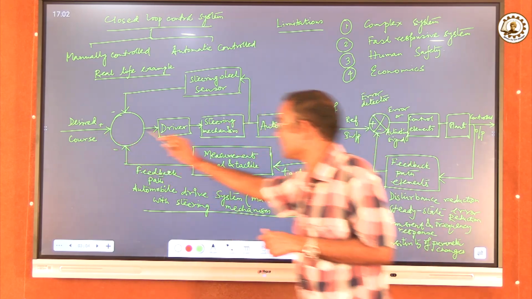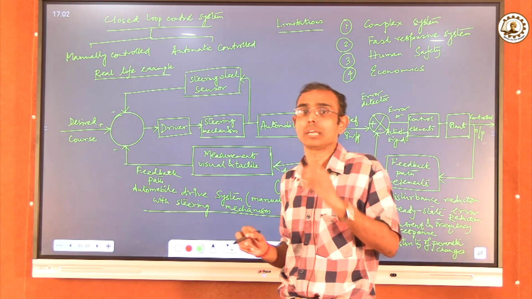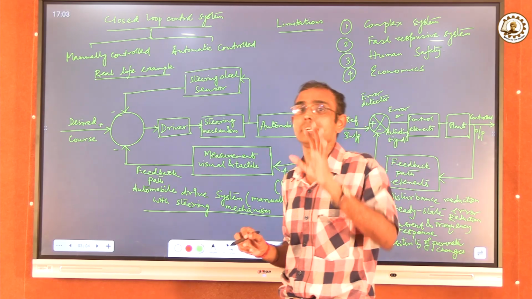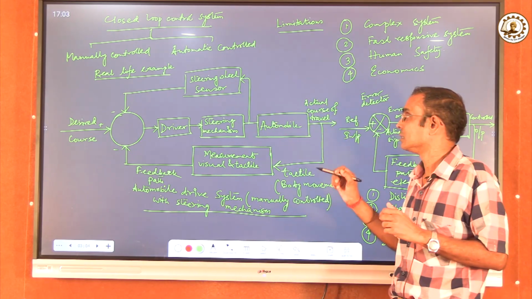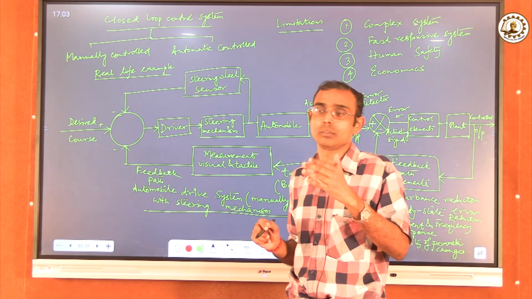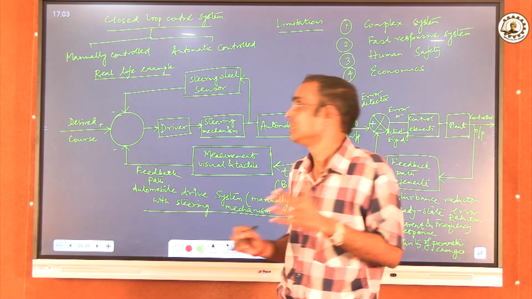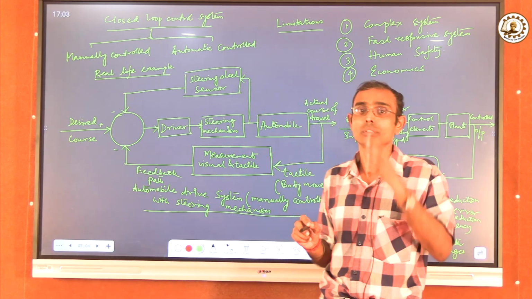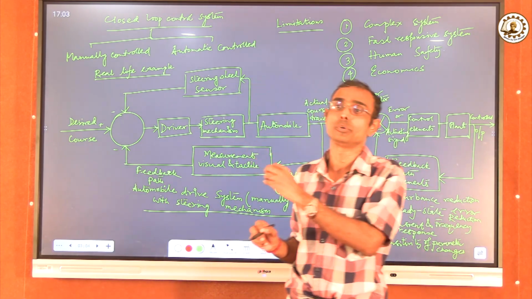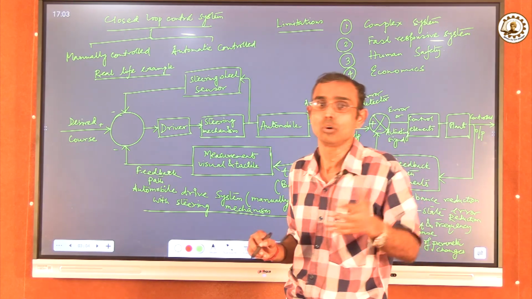This is just the forward path where the driver is simply driving the vehicle in the desired direction. Now, if someone wants to know whether the vehicle is actually moving as per the desired course of travel or not, the loop has to be introduced. That means the system is to be converted into a closed loop.